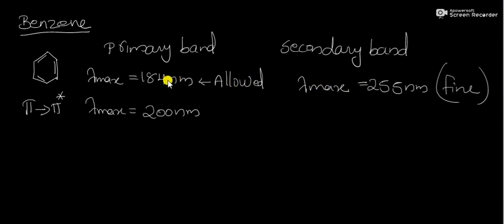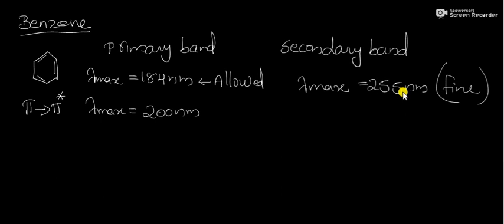Here the first band is due to an allowed pi to pi star transition, and this is the intense band, whereas the other two bands are due to forbidden transitions.